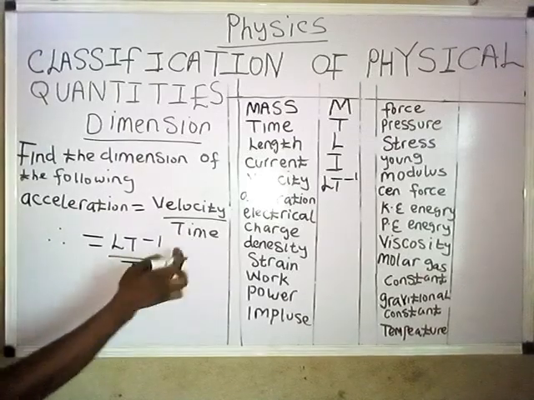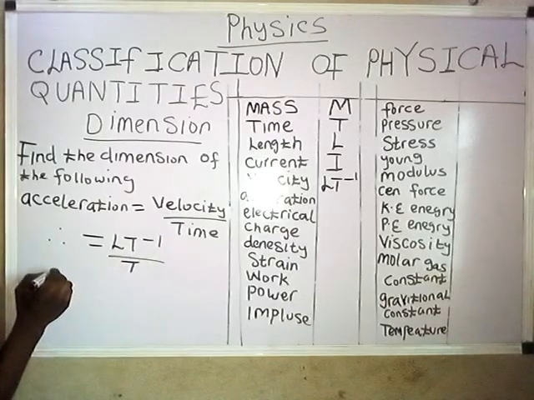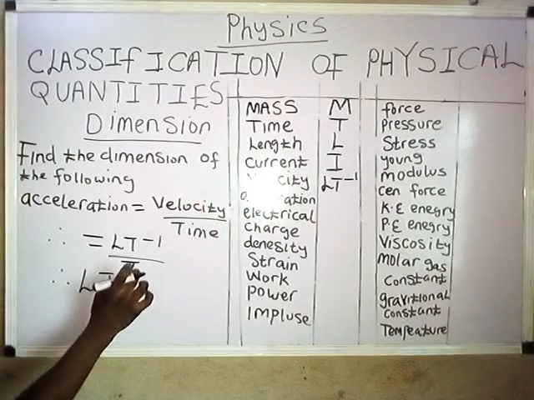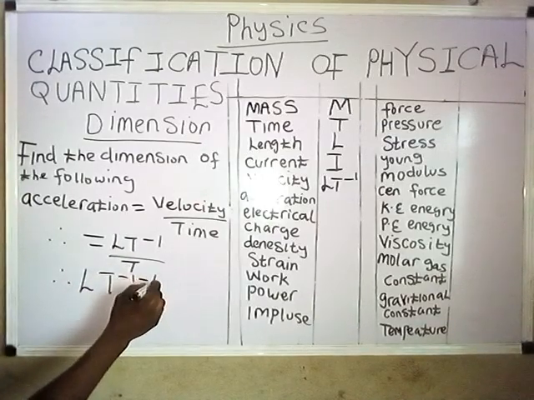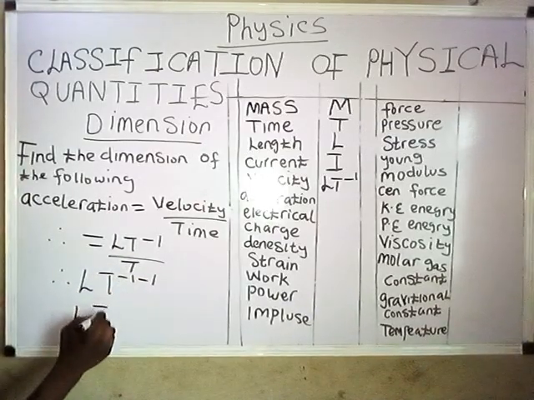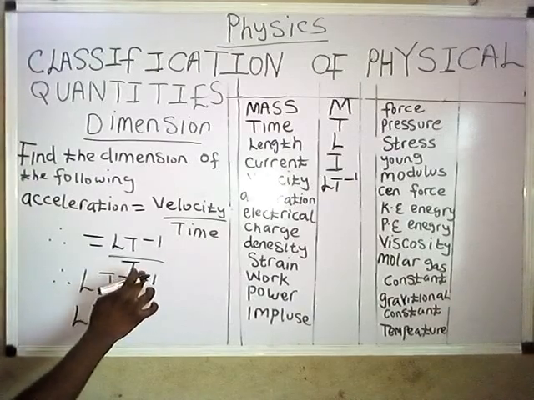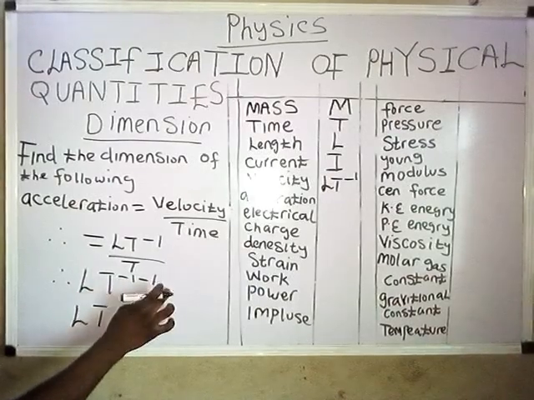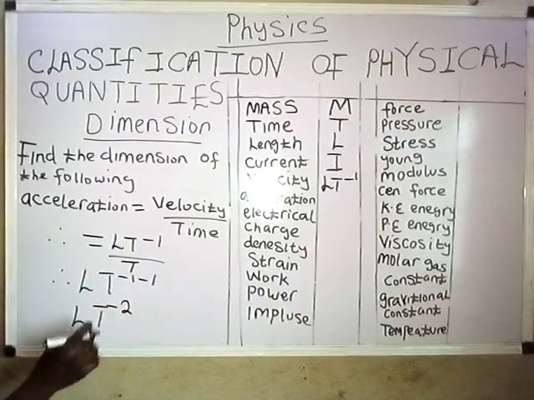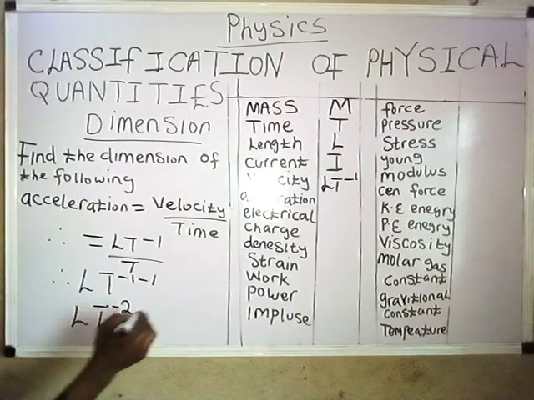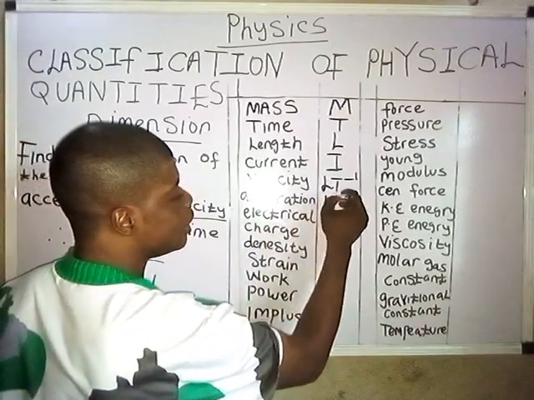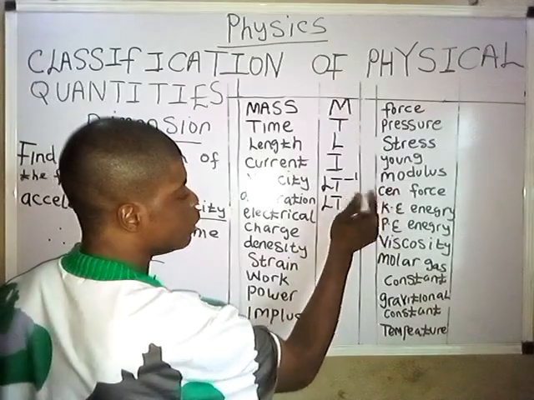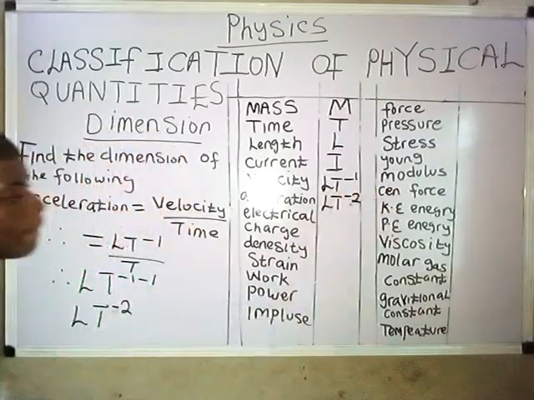Taking this T upward, it will be T to the power of minus 1, so minus 1 minus 1 is minus 2. So the dimension of acceleration is L T inverse raised to power 2.